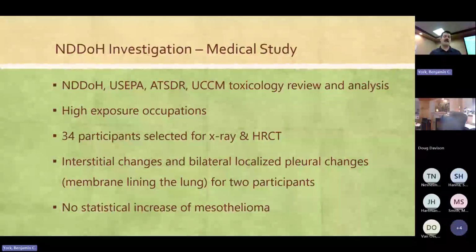So when you look at these high exposure occupations, we only got about 34 participants. Some people were removed because some of those interviewed had previous asbestos exposure from previous occupations, and I'll show you a picture of one of those individuals later. But with those 34 participants selected, there were x-rays and high resolution computed tomography done.